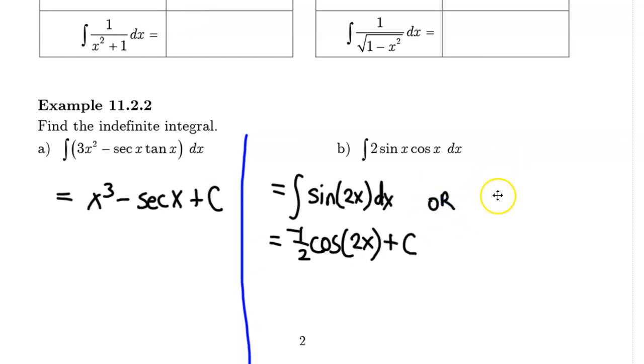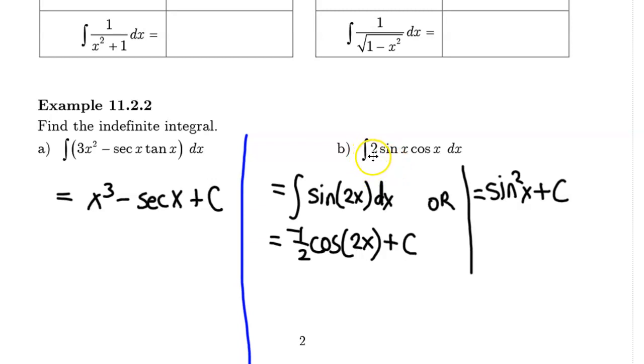Or it could be sine squared x plus c. I just came up with that and didn't really show any work for it, but I recognize cos x as a derivative of sine x. But now how did I get that 2 there?